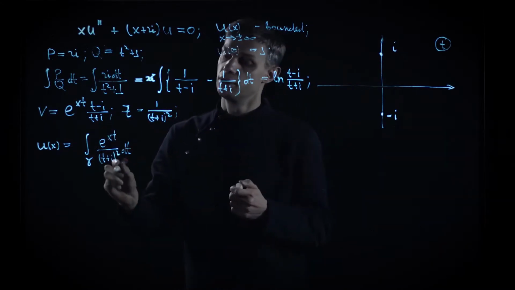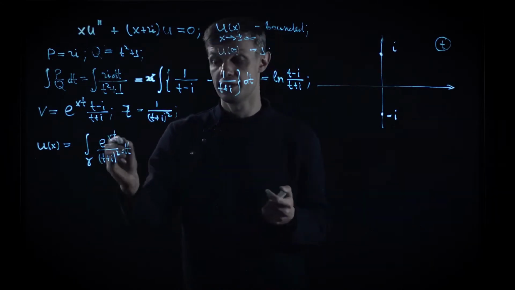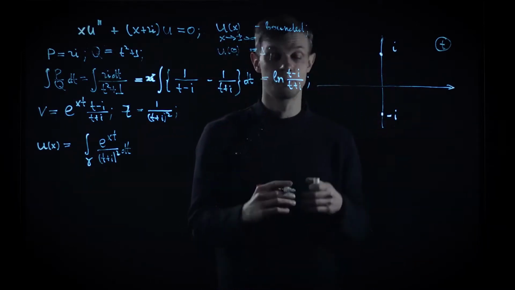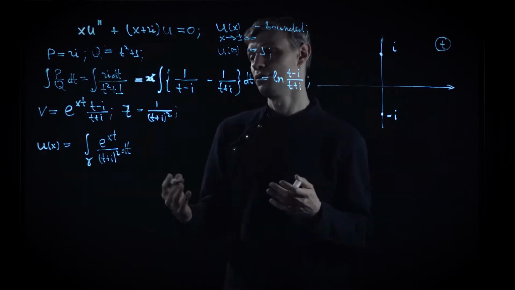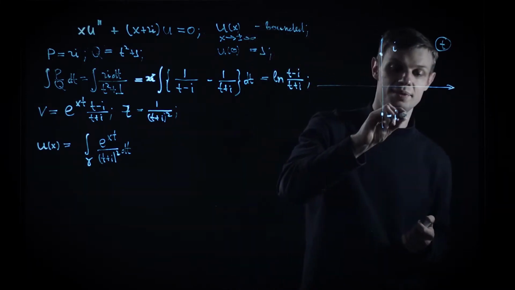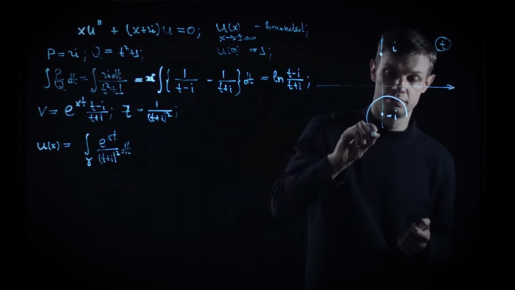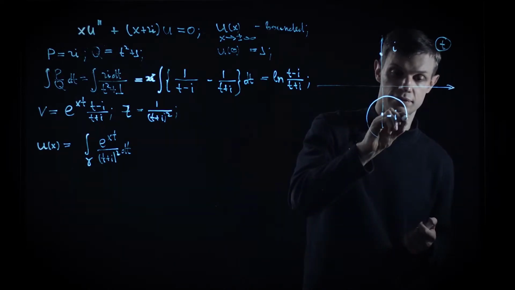The integrand only has the pole, the second order pole at the point t equals minus i. So one of the possible choices of the contour is clear. It's simply the closed loop around the pole.